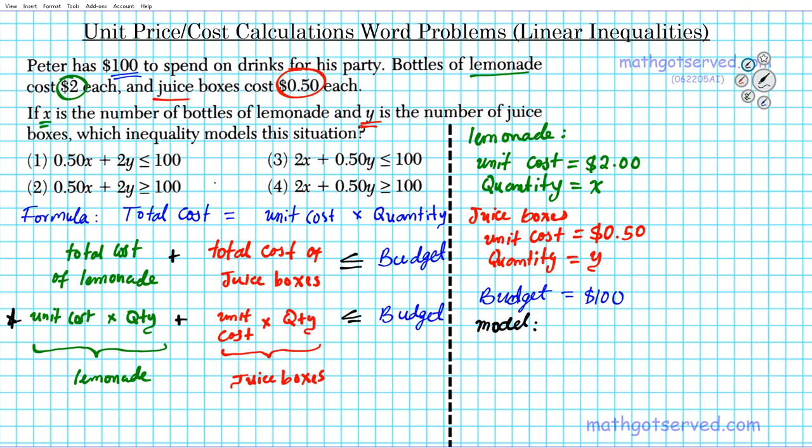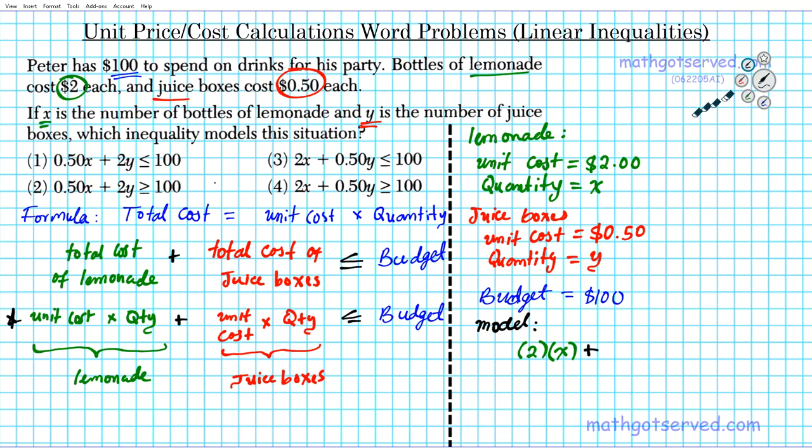For lemonade, unit cost of lemonade times the quantity. The unit cost is $2, so we use 2 times the quantity, which is how much lemonade we buy? X. Good. And then add onto that the total cost of juice boxes.